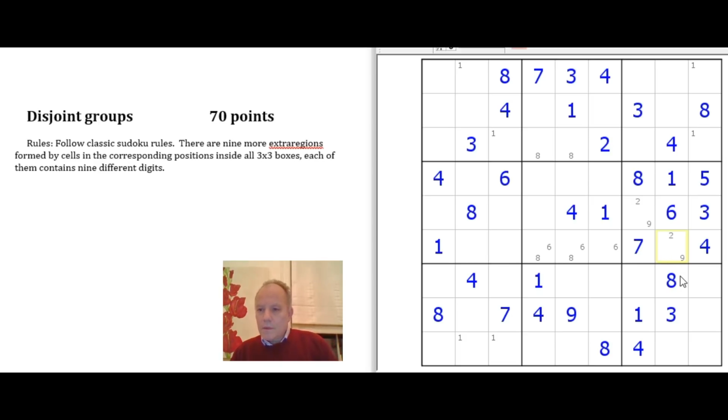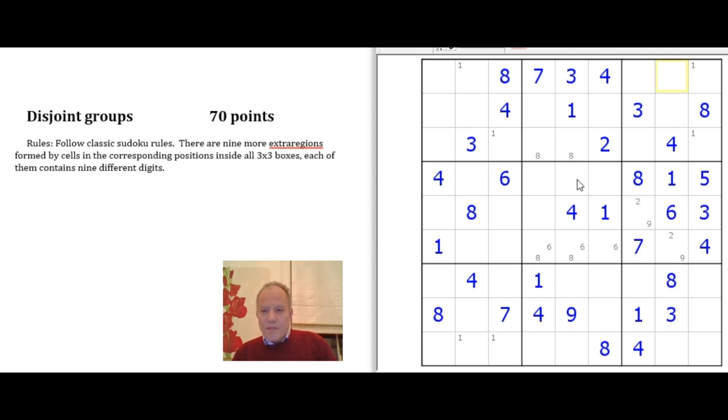Oh, I can't type. 8, 5, 3, 4, 8, 7, 3, 4. So we got some profit out of looking at the central squares. What other standard cells have been filled? So the top middle, 8, 1, 3, and 4 have all been done. 6 can't be here because of that 6.